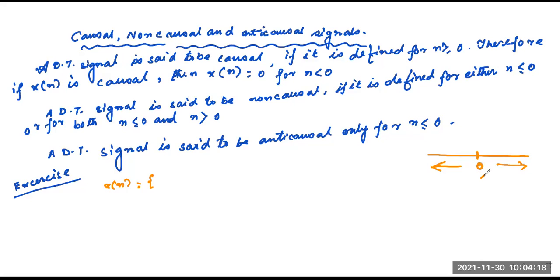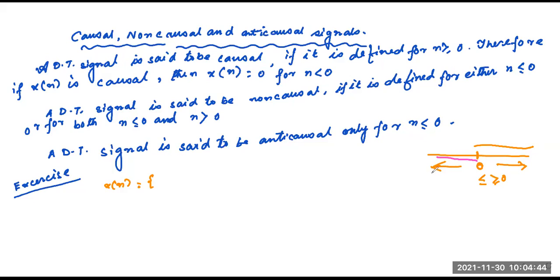So it can be lesser than or equal to 0 or it can be greater than or equal to 0. If it is greater than or equal to 0, then that signal will be causal. So causal is always a right-handed sequence signal. Same for anti-causal, it will be a left-handed sequence only.